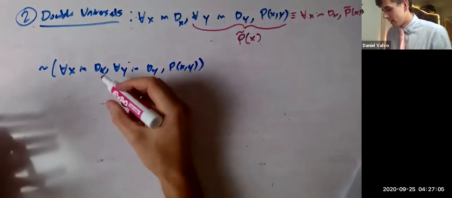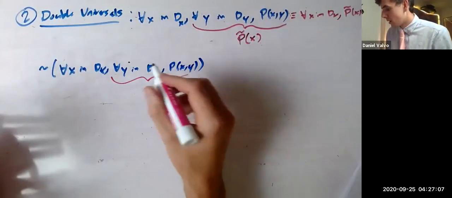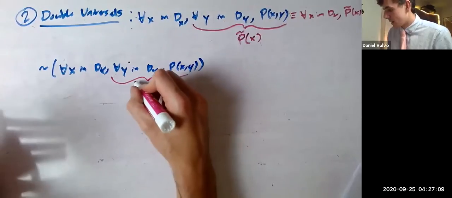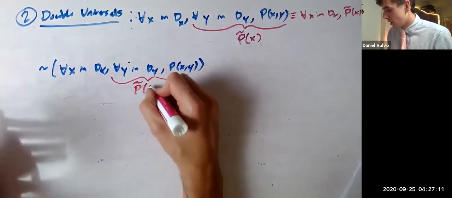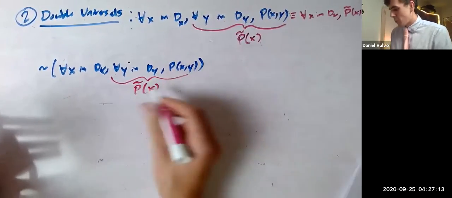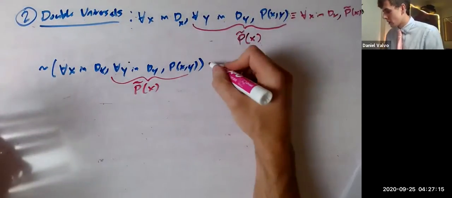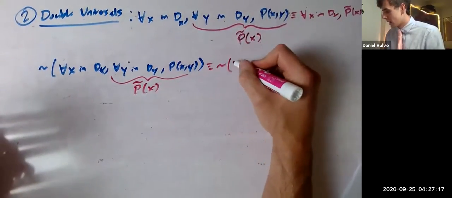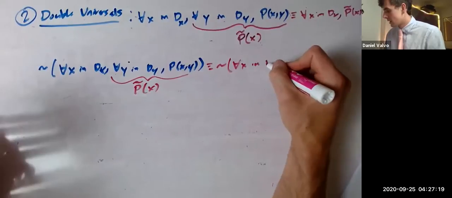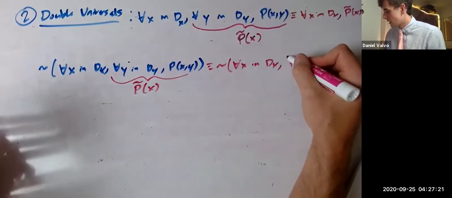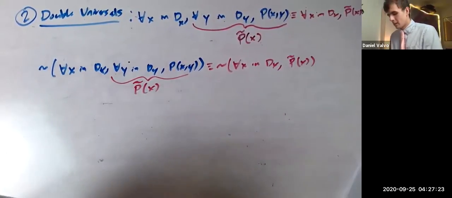Remember, it's just a universal statement where the predicate happens to be this weird universal statement itself. So this is equivalent to the negation of for all x in D_x, P squiggly of x.